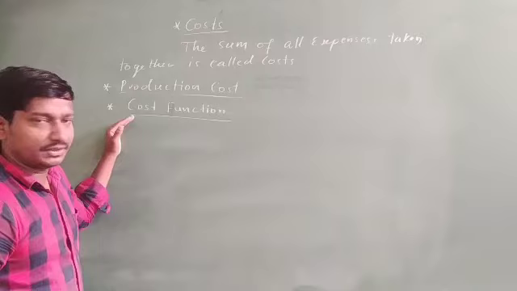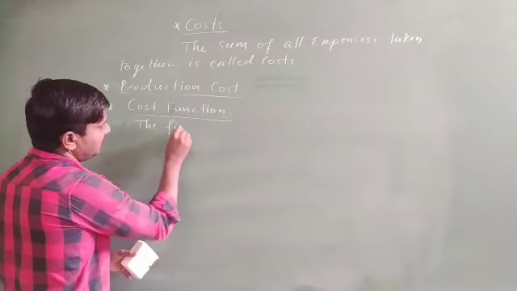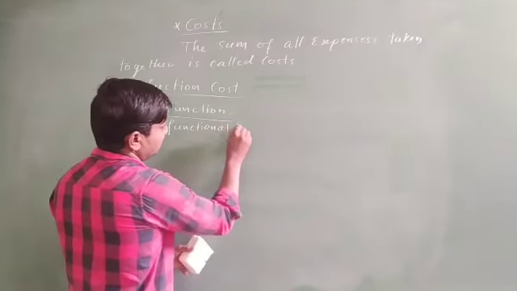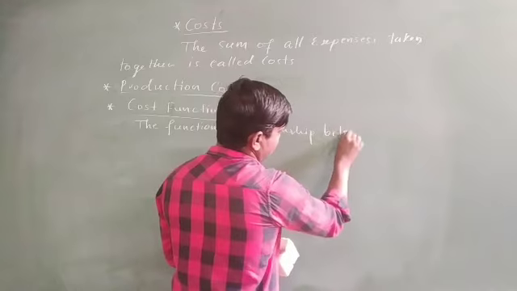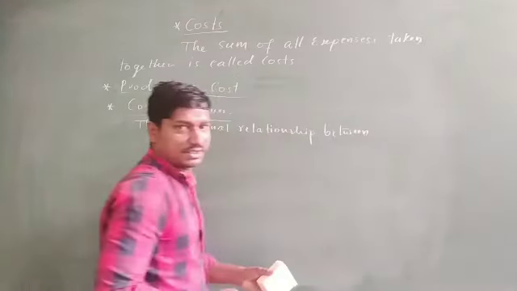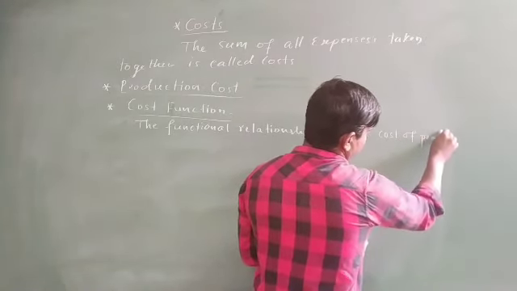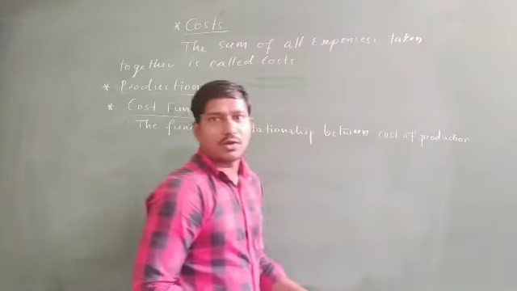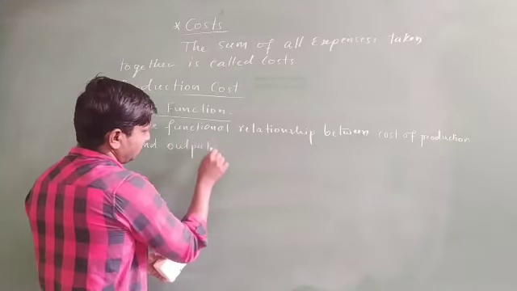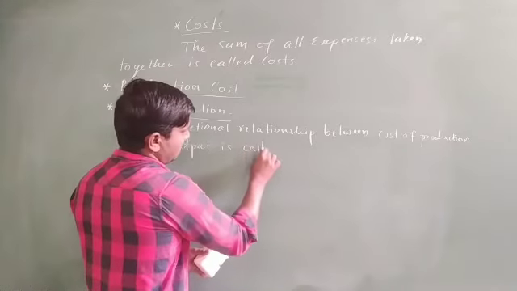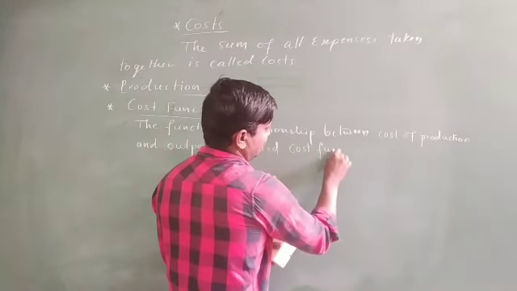But here, what we are going to do is, cost function: we define the functional relationship between cost of production and output. That is called cost function.